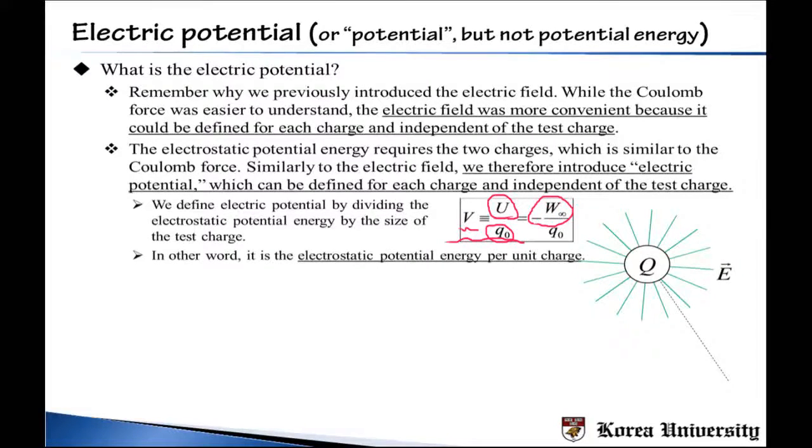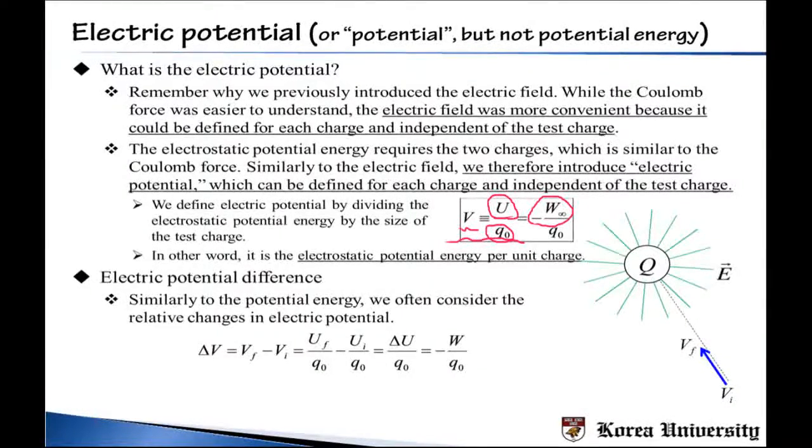Well, if you do not remember, please go back one slide, where there is an explanation. Basically, it means the work done by the Coulomb force when the test charge was moving from infinitely far away to a certain position. In other words, the electric potential is the electrostatic potential energy per unit charge.